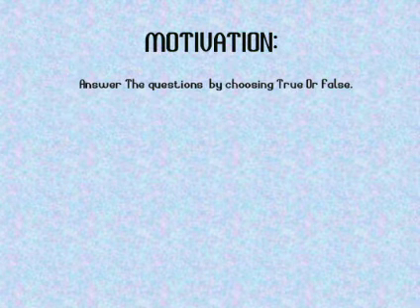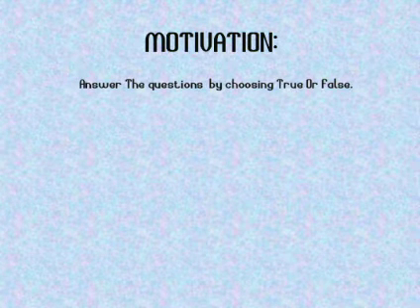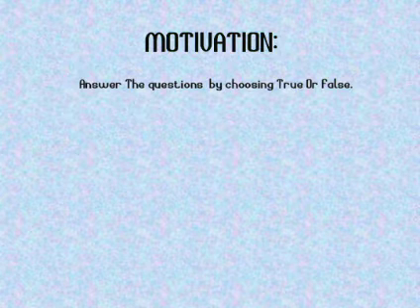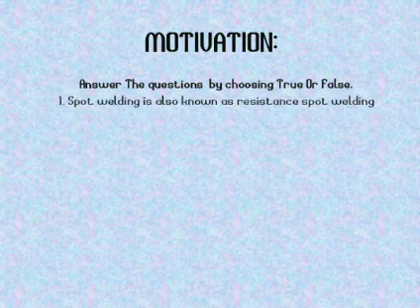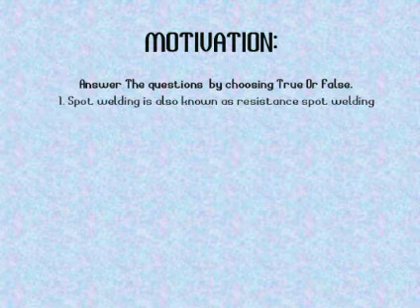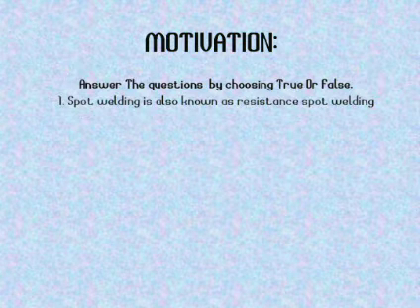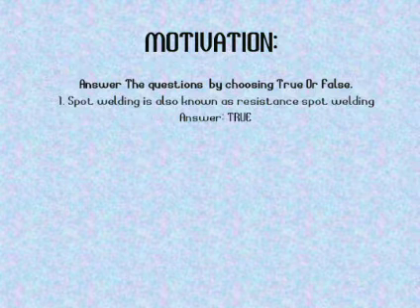So first we will have our motivation. All you have to do is to answer the questions by choosing true or false. The first question: spot welding is also known as resistance spot welding. The answer is true.